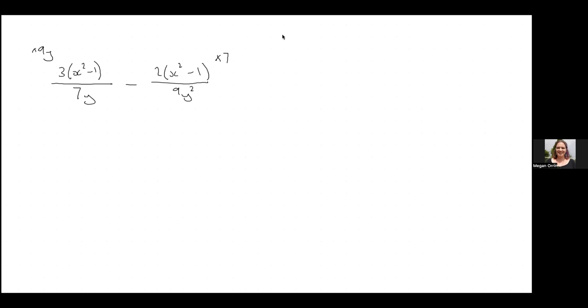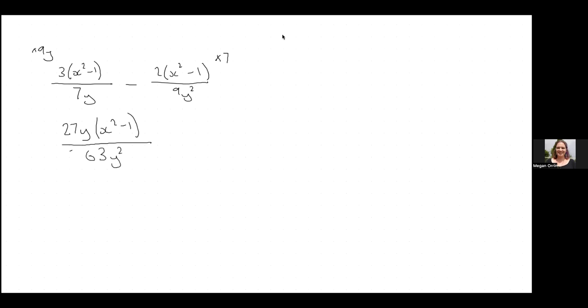So if I multiply this by 9y, what does the top look like? 27y, we're multiplying it by 9y. And then the bottom looks like? Good, 63y squared.